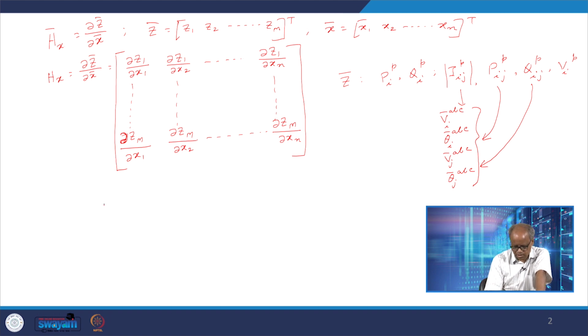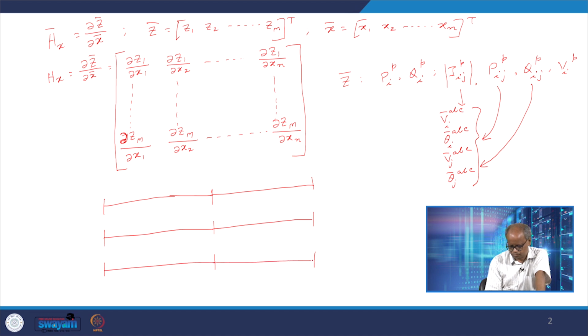Let us take an example. Maybe it will be easier. These are the lines, these dark lines are the buses.